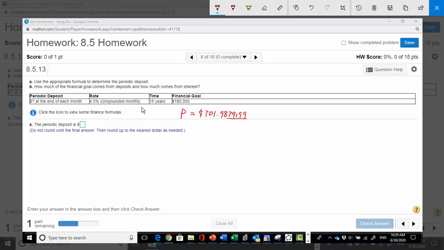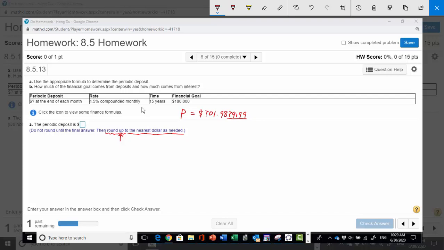So look at the rounding they want us to do. They want us to round the answer up to the nearest dollar as needed. As you can see, it says round up to. In some other problems they say round to, but in this problem they say round up to. If it says round up to, the rounding rule does not apply here, so you need to round up anyway, even if the next digit is less than 5.